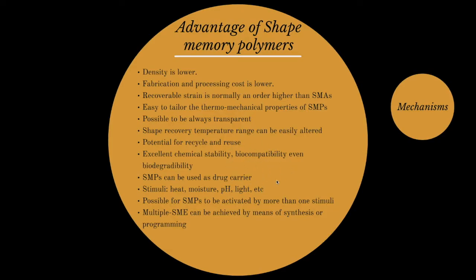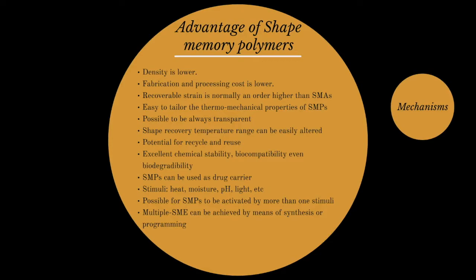You can use it as a drug carrier, and then you can have a lot of stimuli. There are some polymers you can use heat, increasing the temperature, or moisture, like mostly hydrogel, acidity, the pH, change the pH, change the shape also, and then light. So you can have light as your stimuli.